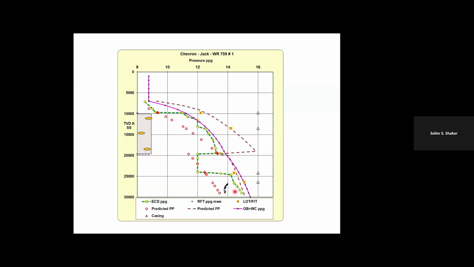Let me give you a little bit of, this is a new plot I generated after our recent study. Here is the overburden, that pinkish line, this is the weight of the sediments. However, if you look at the mud weight here, that's the mud weight.